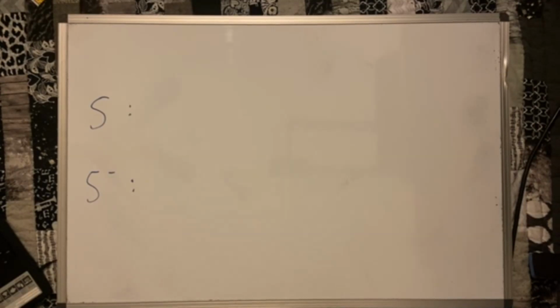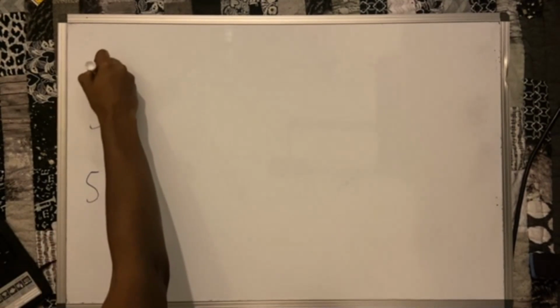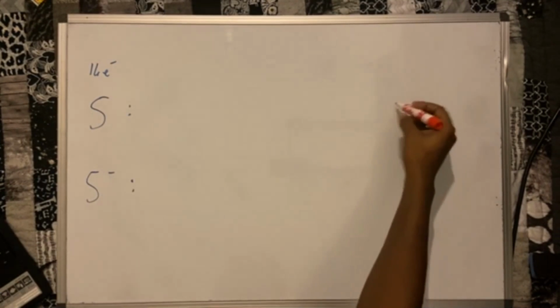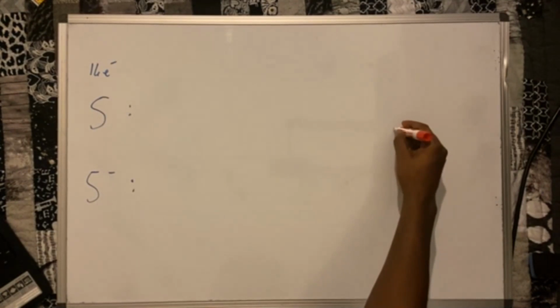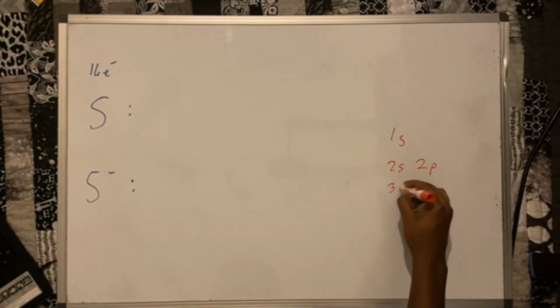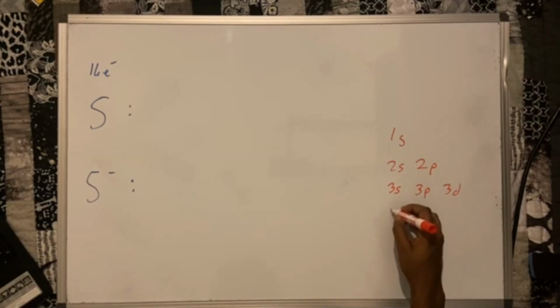Looking at my periodic table, we'll do neutral sulfur first. Neutral sulfur has 16 electrons. I don't know if you remember, but in our electron configurations we started filling different orbitals: 1s, 2s, then 2p, 3s, 3p, 3d, and then 4s, 4p.